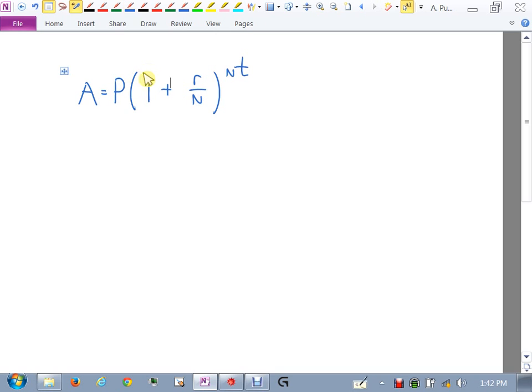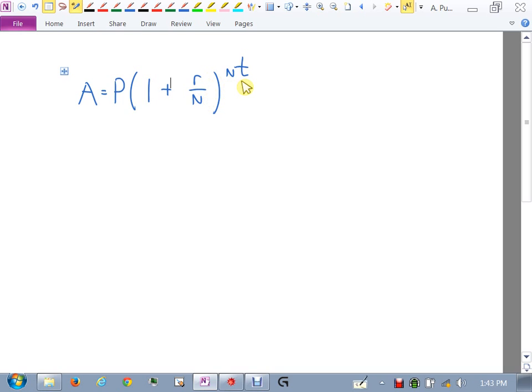This was a formula that you used if you put money into a savings account. That was your principal. You put it in at a certain interest rate, and it was compounded so many times per year. If it's compounded n times per year, n was the number of compounds per year. So if you did it monthly, it was 12. If you did it quarterly, it was 4. And then t was time.